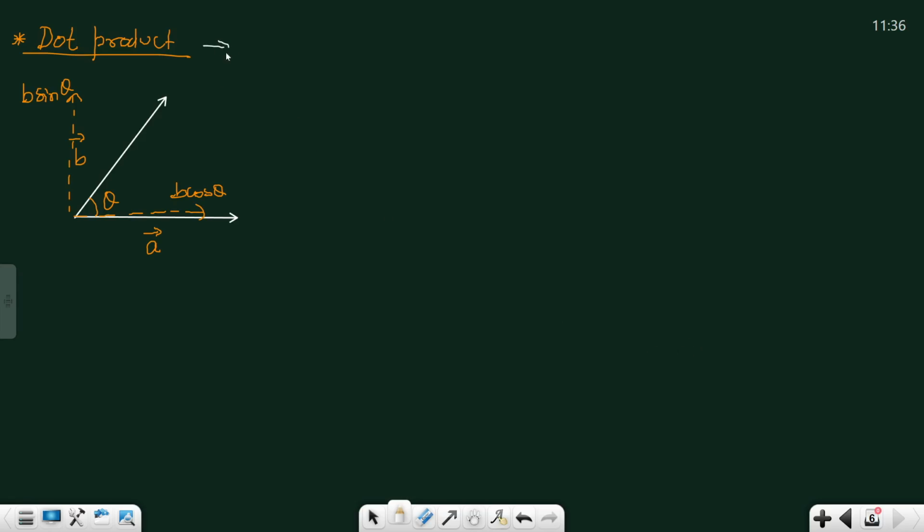So in dot product we multiply parallel vectors. When you go for a dot b, you just need the parallel component.